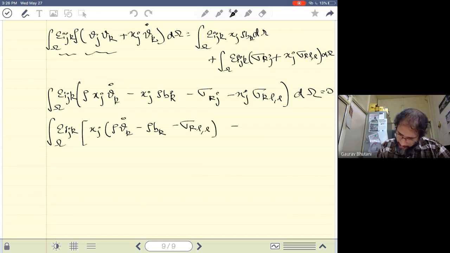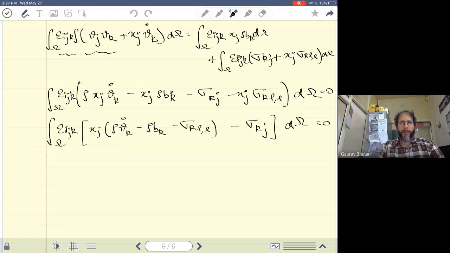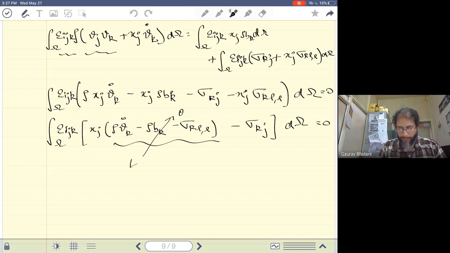And then the second term we have is sigma kj, which is equal to 0. Okay, now we have simplified things a lot. And this expression, rho vk dot minus rho bk minus sigma kl comma l, is nothing but the equation we derived earlier. This is equal to 0 from the linear momentum principle. So this whole term goes to 0 because of the linear momentum principle.